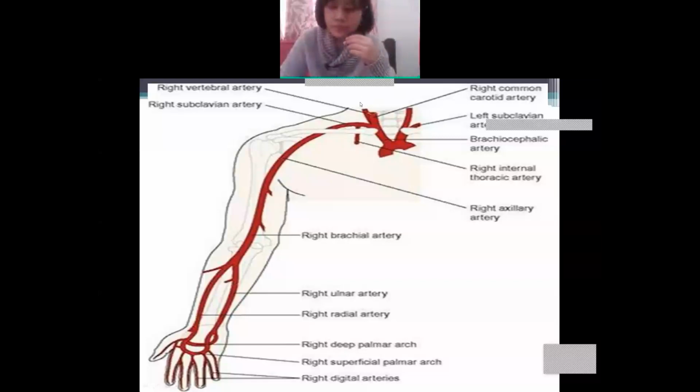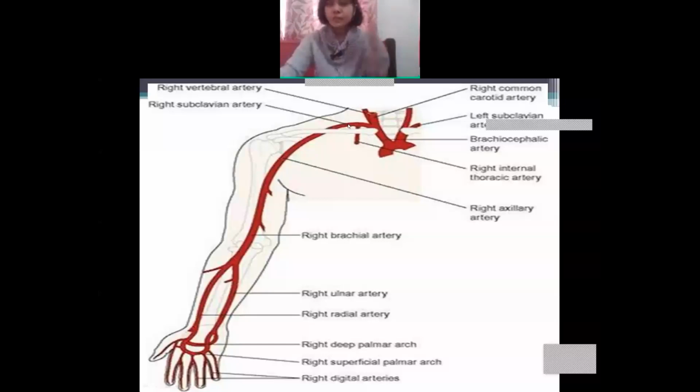Understand? Then after that, the next one is the internal thoracic artery. The internal thoracic artery, that is this one. The internal thoracic artery, they go and supply blood to where? In the thorax side, means in the chest portion side. To the breast portion side as well as the thorax. Understand?